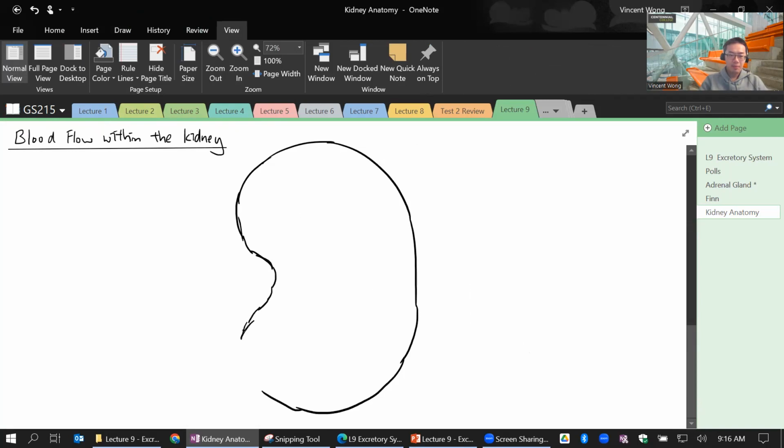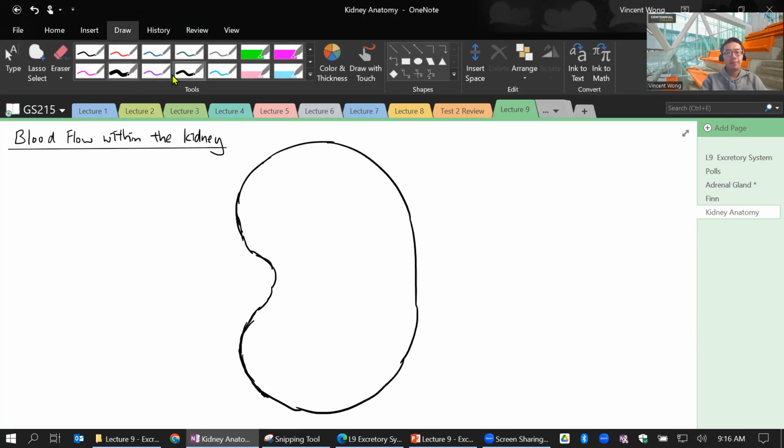I keep finding myself having to zoom out more and more as I draw. All right. So here's what I'm gonna do. I will alternate between two colors every time the blood vessel branches.